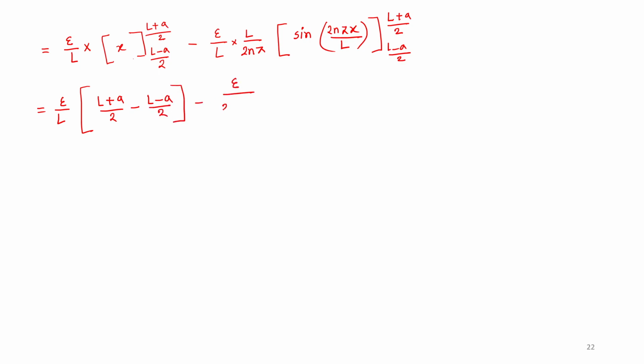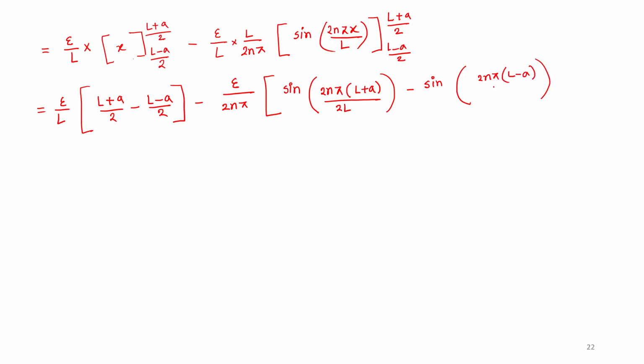Then I have epsilon by 2 n pi, L got cut. Then I have sine 2 n pi into L plus A by 2L minus sine 2 n pi into L minus A by 2L. So this is actually tricky.